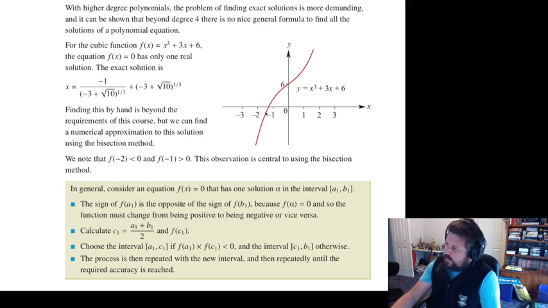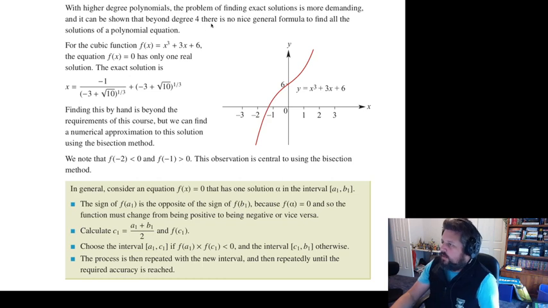So obviously from this side here, it's going to be a positive value. Over here, it's going to be a negative value. Because it changes signs, you know that when it changes signs from negative to positive, or vice versa, that section where it changes the sign is where the solution is going to be.